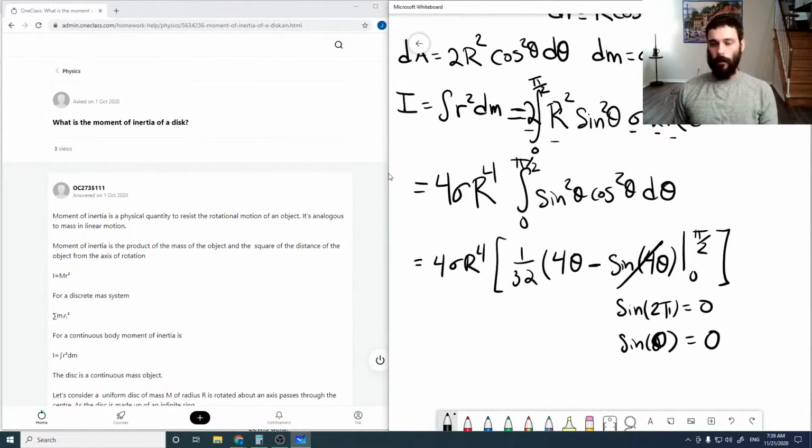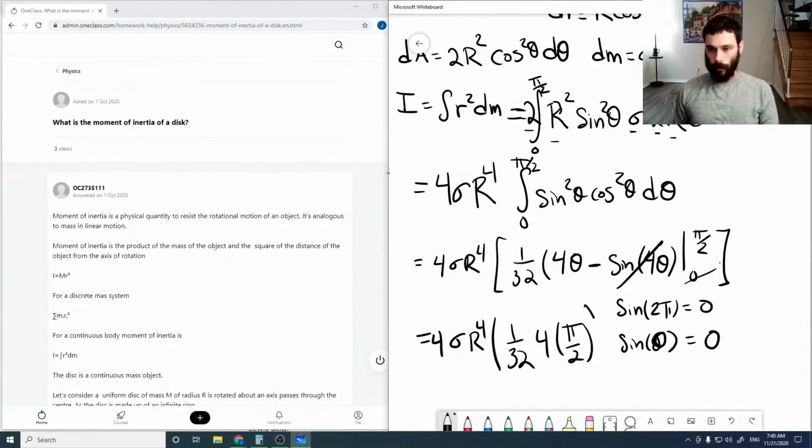And theta, when theta is pi over 2, this will have an actual value, but when theta is 0, that is going to be 0 as well. So all that's left is the pi over 2. So that means the whole thing is 4 sigma R to the 4th times 1 over 32 times 4 times pi over 2.